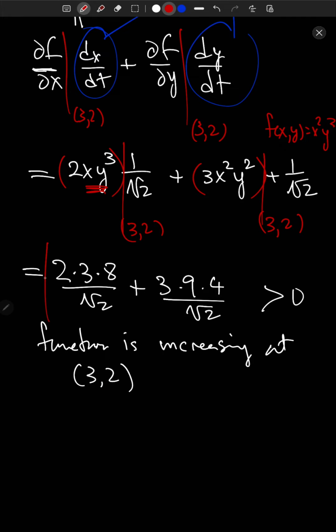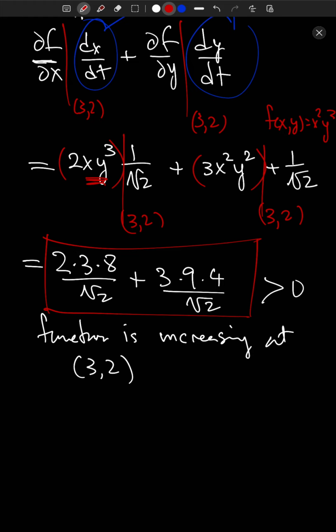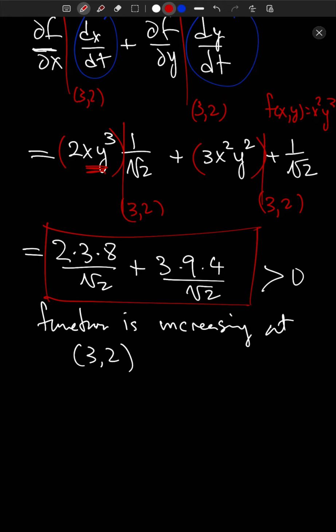Okay, how fast is it increasing? Well, just like in one variable calculus, the magnitude of that number tells me how fast it's increasing. If it's a big number, it's very steep as we move in this direction. If it's a small number, it's increasing but not very fast. If you think of your function as describing the elevation of a hill, given a position on the map, so that's where the x and y come in, then if the derivative is positive, that means we're going uphill as we move in this direction, u.